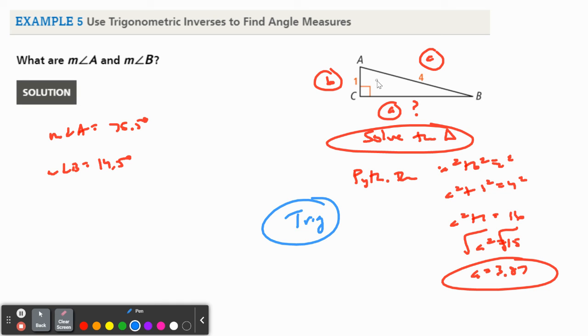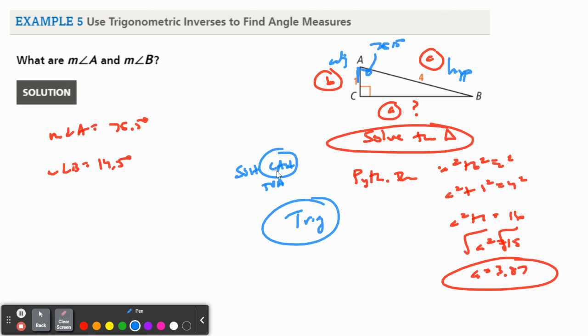Now, you found angle A first, so let's use angle A. So angle A was 75.5 degrees, right? So let's use 1 and 4. So from angle A, 4 is the hypotenuse, 1 would be the adjacent. So SOHCAHTOA, adjacent over hypotenuse is cosine.